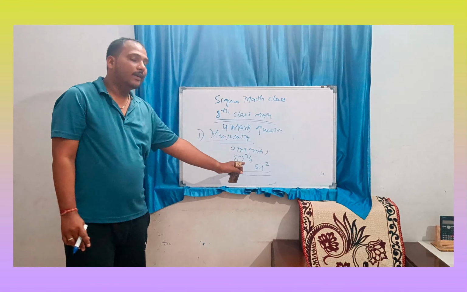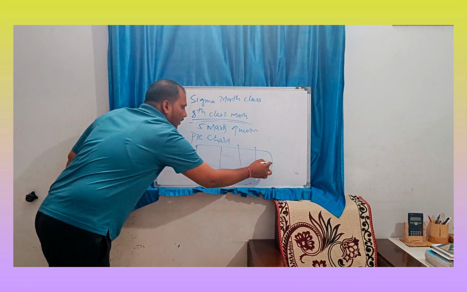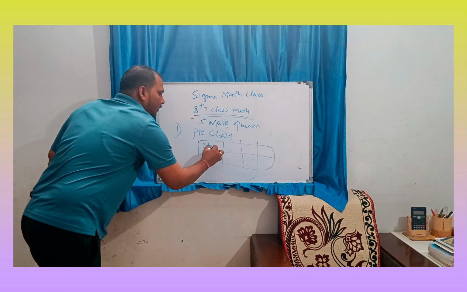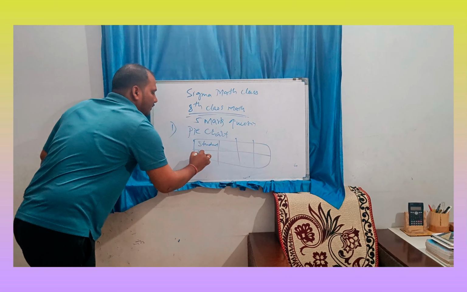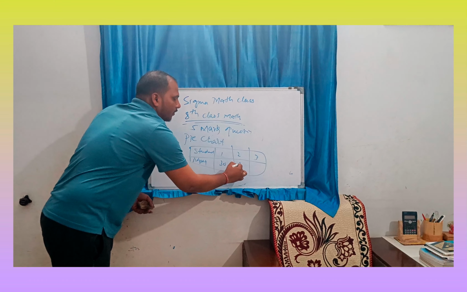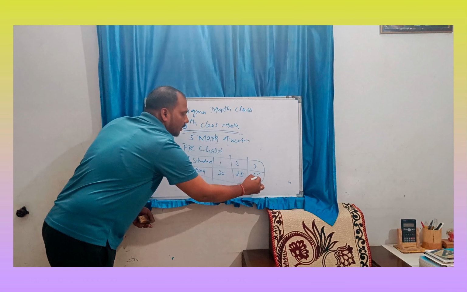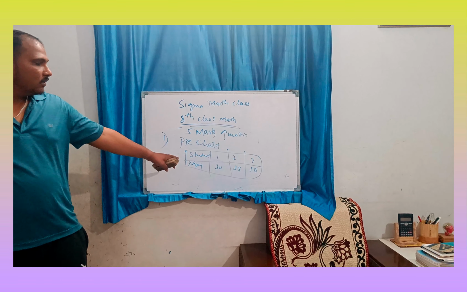Okay? Next, 5 marks question. It is important. The 5 marks question must and should be on the pie chart. A table is given with students, marks, class 1, 2, 3, and scores 30, 35, 36.